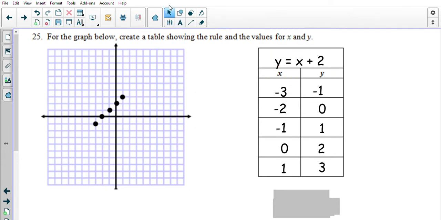If you add 2 to whatever X is, you'll get Y. We could write this in other ways as well. We could write that X minus Y equals -2. So you do have some other options, but I think this is probably the best way to represent it, that Y, which is our output, is equal to whatever our input, X, is, plus 2.